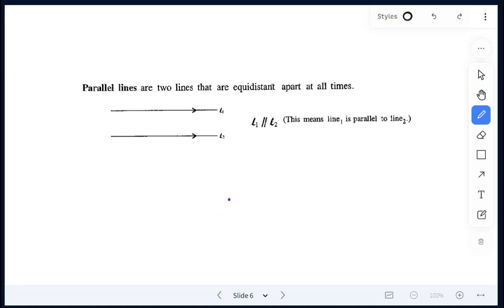When we represent this, we would write it as L1 is parallel to L2. This symbol here represents parallel. And you've probably seen these arrows here; that also represents that those 2 lines are parallel, meaning they're equidistant from each other.